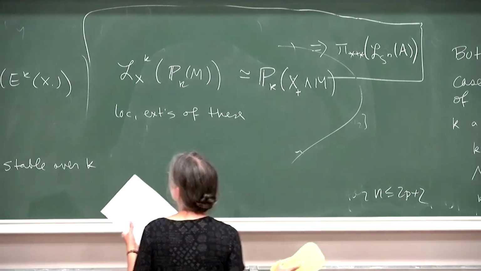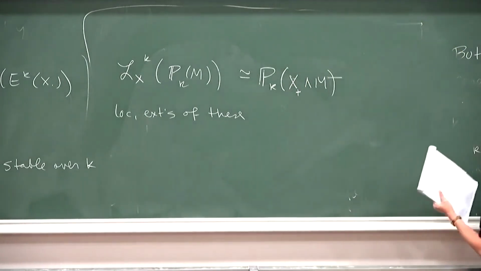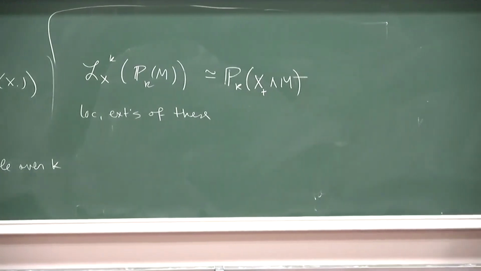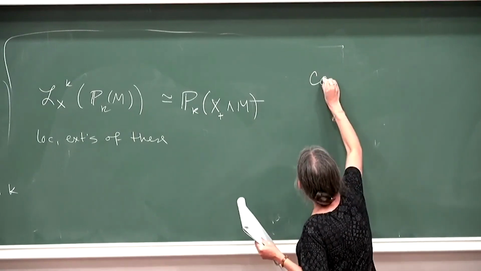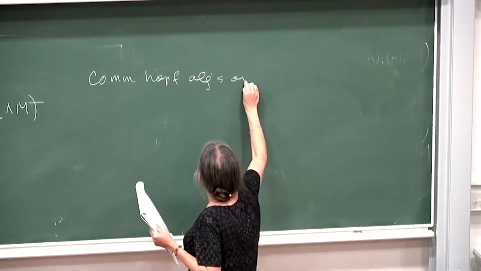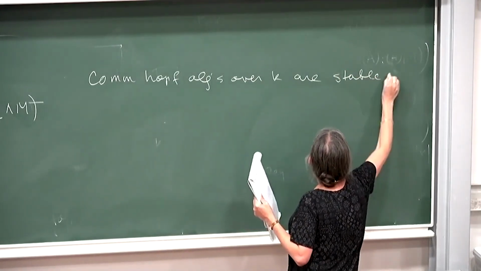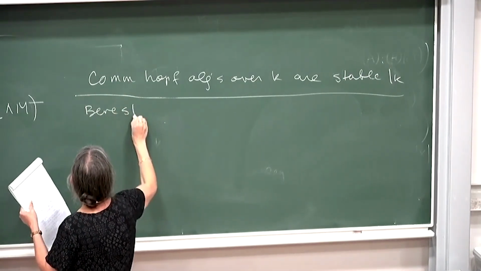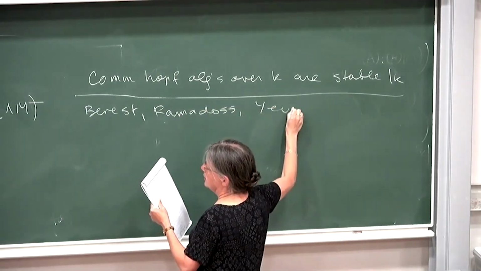Another result is commutative Hopf algebras. So that's a little restrictive. Commutative Hopf algebras over K are stable over K. This is actually a result of Berest, Ramadoss, and Yeung.